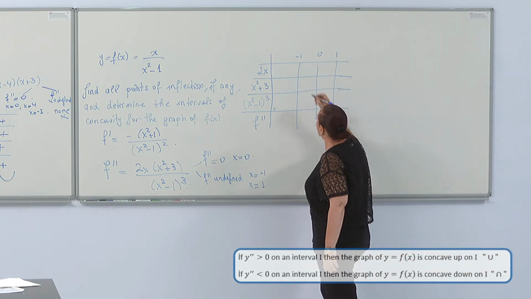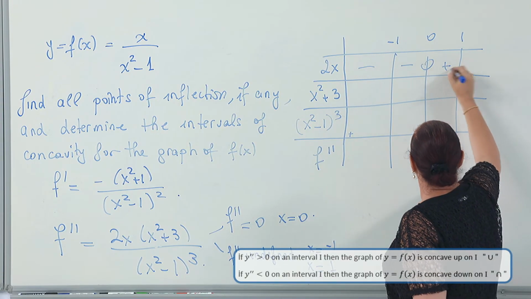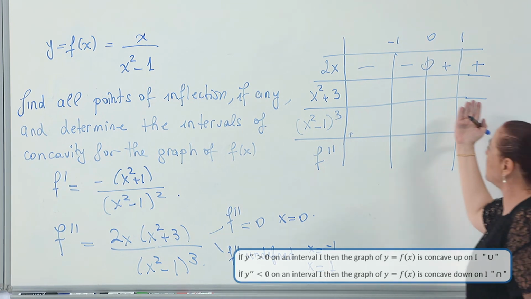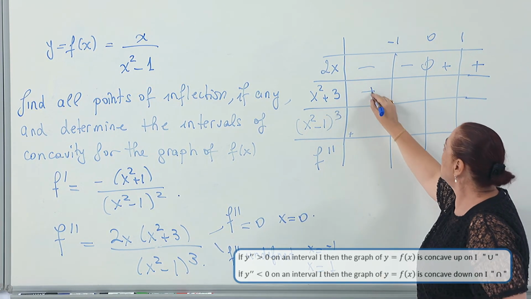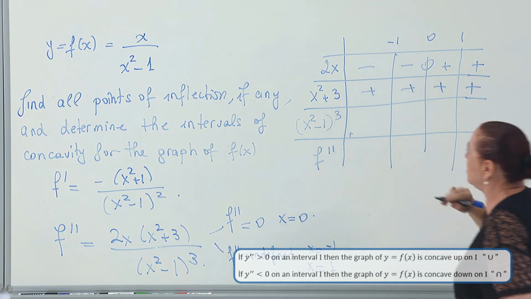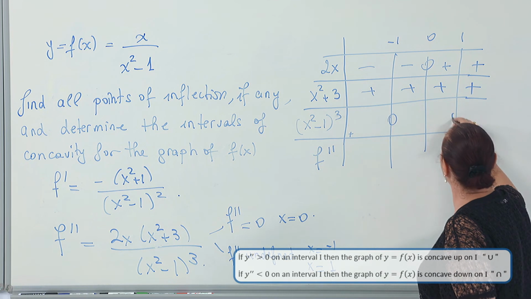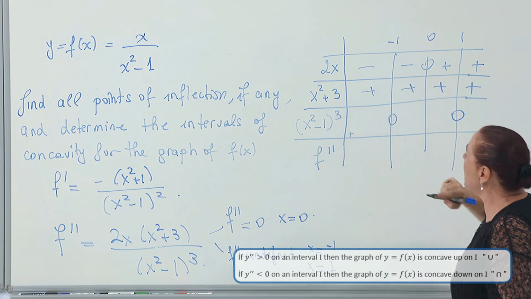This is going to be negative if x is less than 0, positive if it is greater than 0. This is always positive, no real roots. And x squared minus 1 is going to be 0 at minus 1 and plus 1.